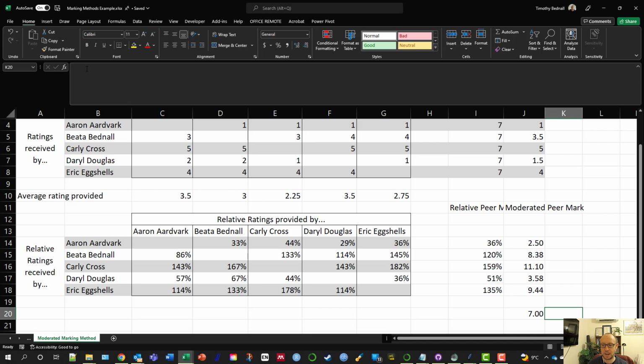But of course, people are adjusted up or down based on the relative scores that they received. And this method can be quite a good one from the point of view that some peer markers are stricter than others. This method accounts for the fact that some people are more generous in their ratings than other people.